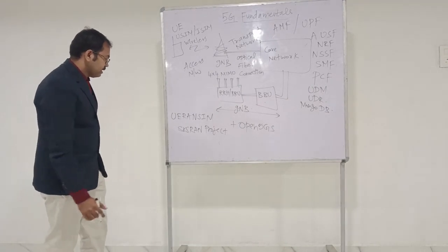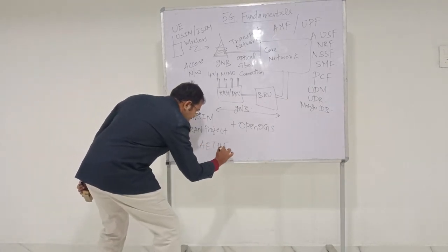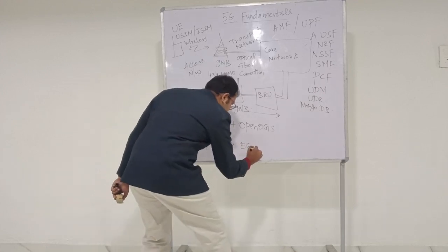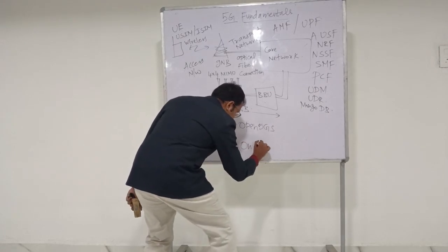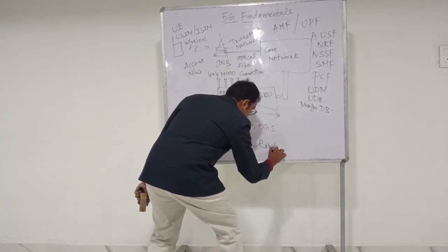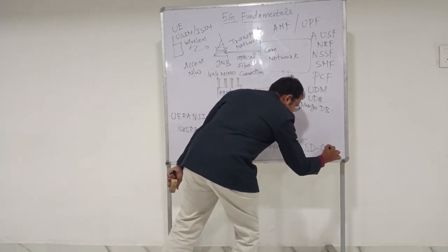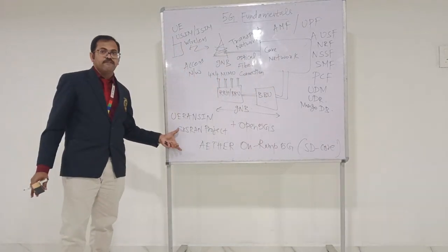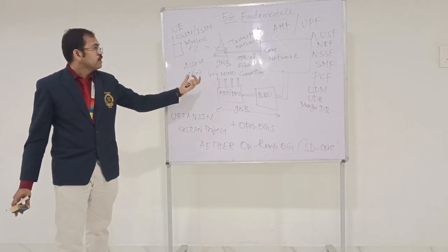Or if you are still interested, you can also look at Aether 5G on RAM, which is a software defined core. These are all open source frameworks available to study the performance of an end-to-end 5G network.